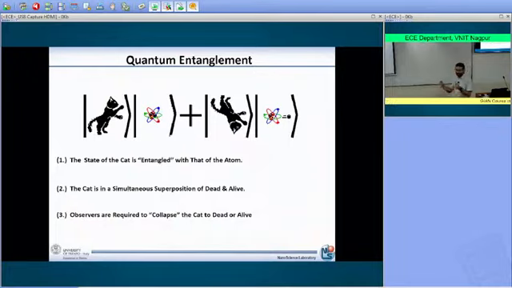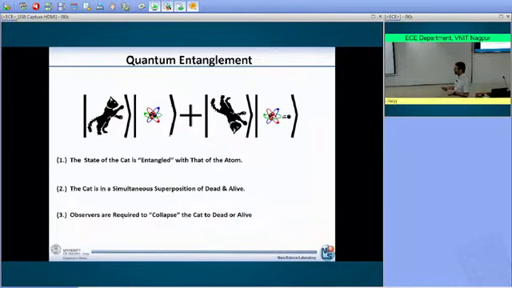Here we have two particles, meaning the atom and the cat. In one state the cat is alive and the atom is not decayed, and this state is superposed to another state where the cat is dead and the atom is decayed. So this is a superposition of the two states.